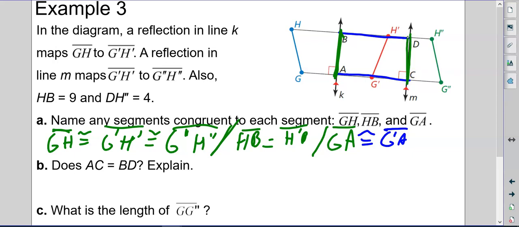And what we have going on is 2 perpendicular sections right here, which means, based on what we've learned previously, if those are perpendicular, these are basically corresponding angles, which makes those parallel to each other. And therefore, they're going to be equal. They're basically part of a rectangle.